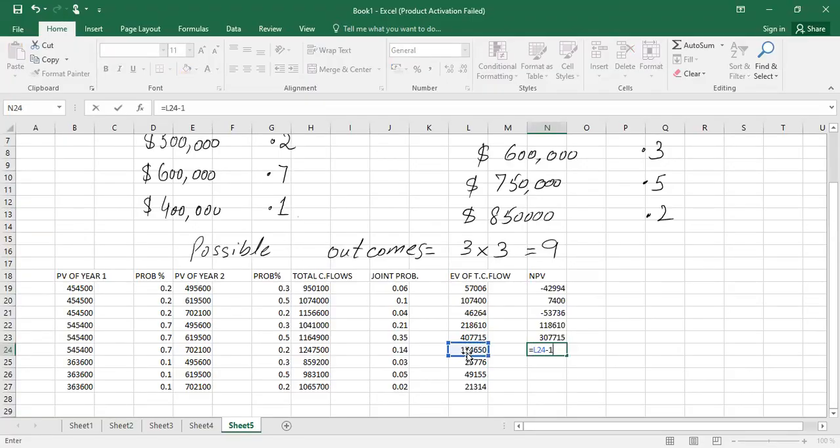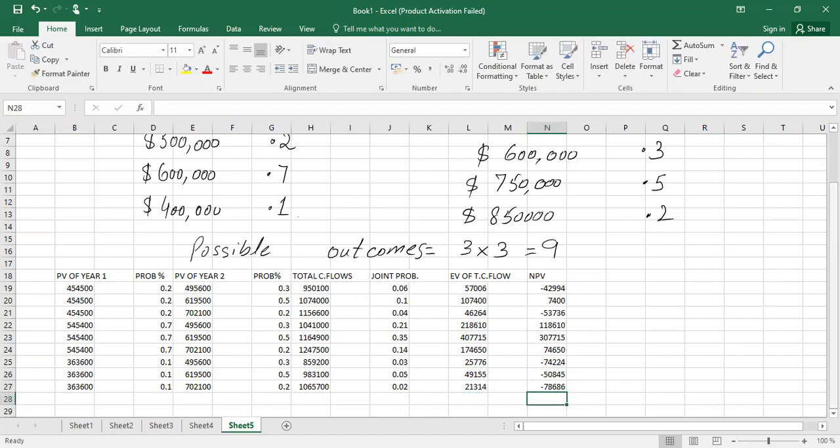This value minus 100,000, this value minus 100,000, and lastly this value minus 100,000.